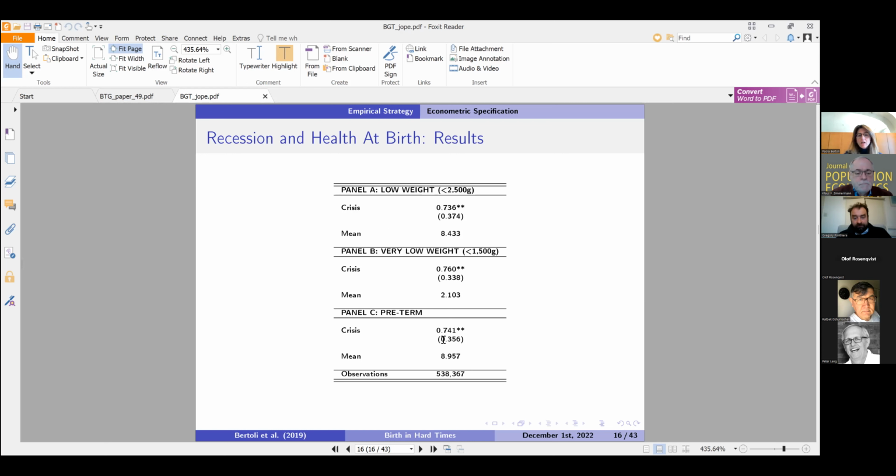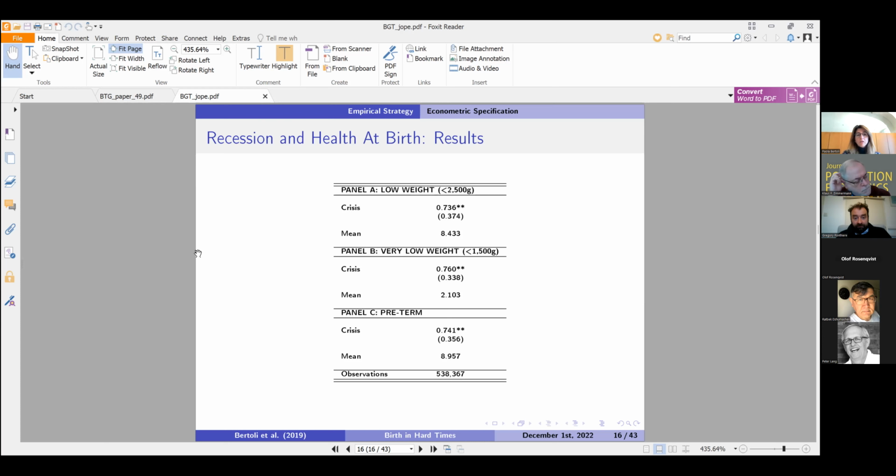These results are run on the sample of singletons, but we also did it on multiple deliveries, and the effects are there. If we look at what happened to Italians, we have the same type of effect. The magnitude is much smaller, but there is a worsening also in the health outcomes of Italians. This is the average effect.